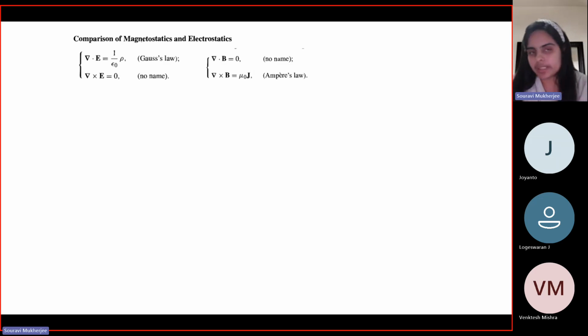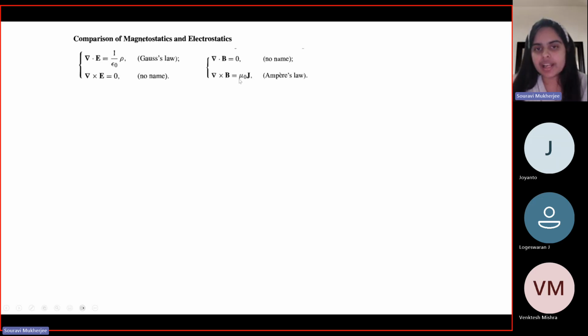So now if you compare magnetostatics and electrostatics, for electrostatics you have Gauss's law, which gives divergence of E equal to rho by epsilon naught, and the curl of E is 0. And for magnetostatics, you have divergence of B equal to 0, which is hinting at the fact that no magnetic monopoles exist.